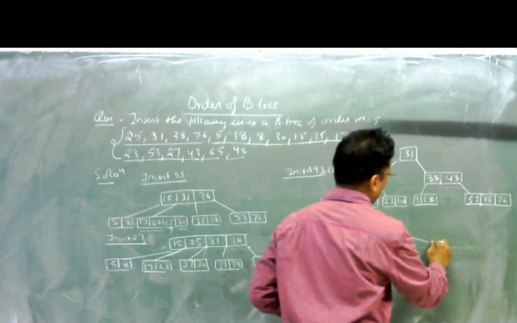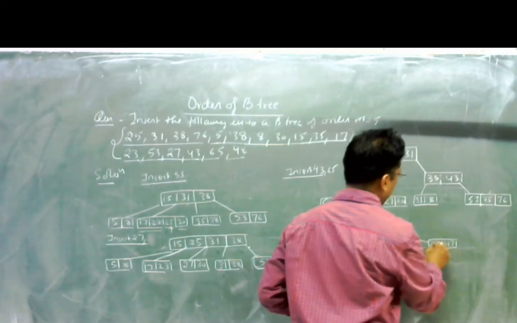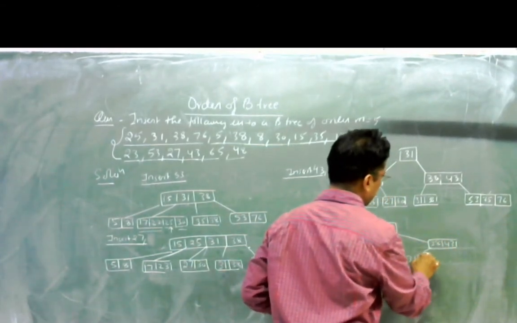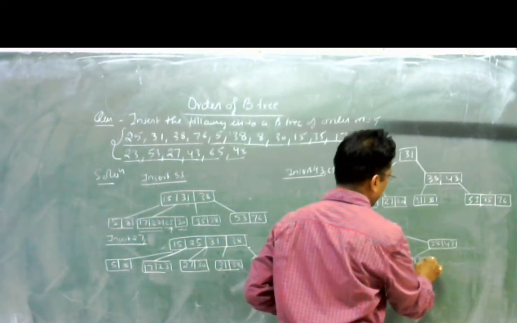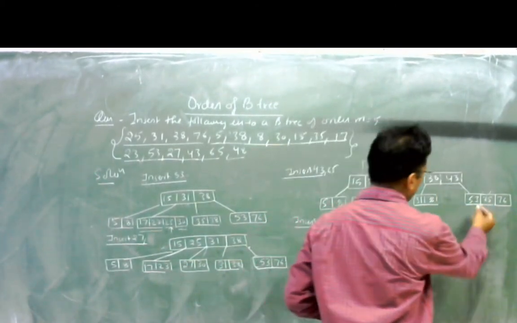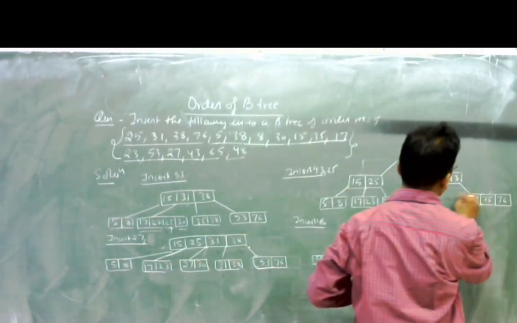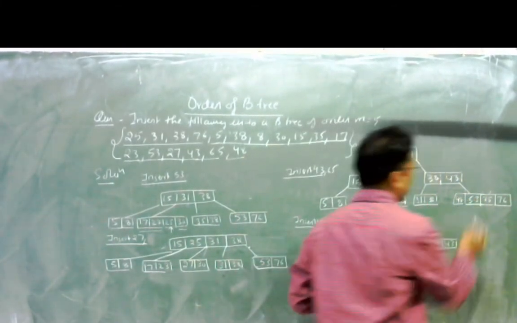Here are two elements 38, 43, and the elements are 31, 38, right? And in this situation, suppose 48 is inserted here.